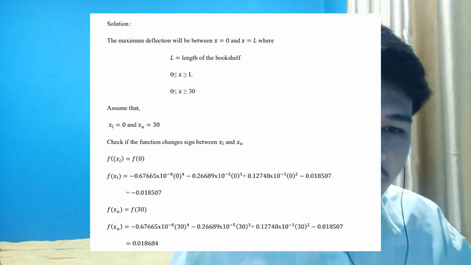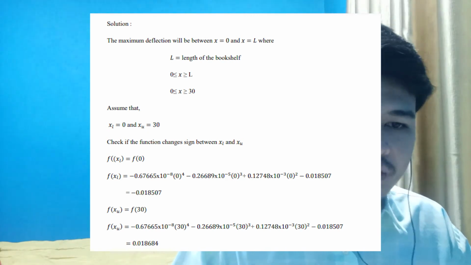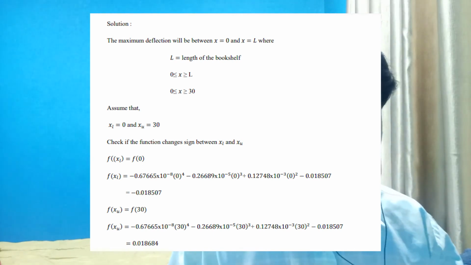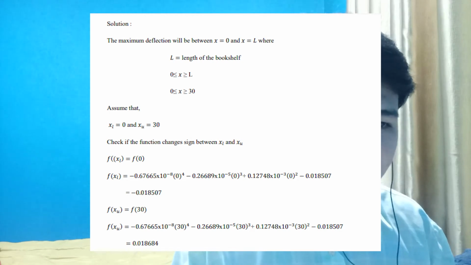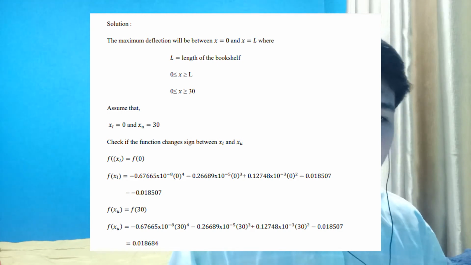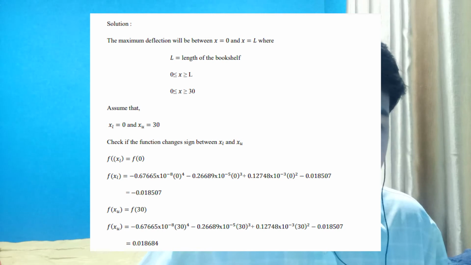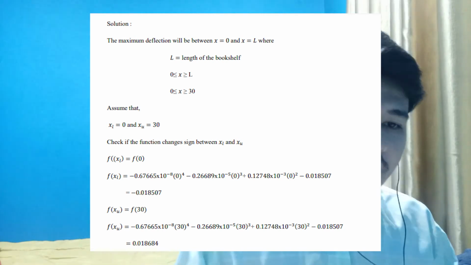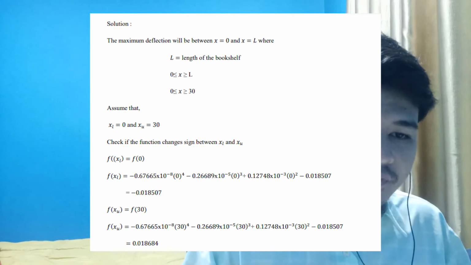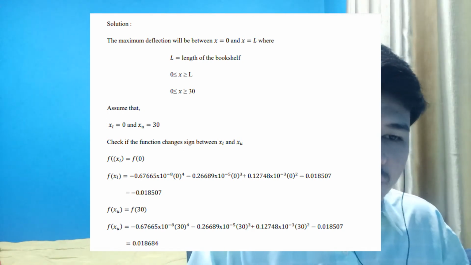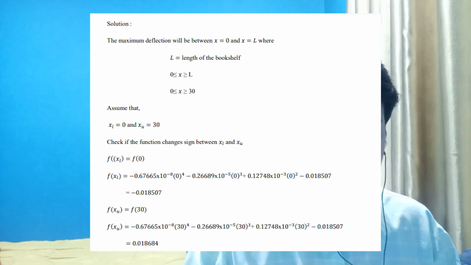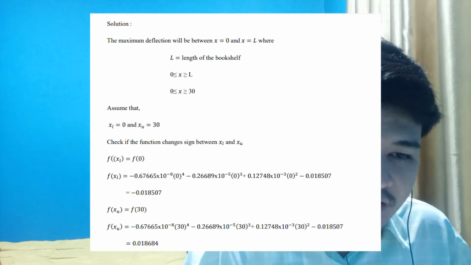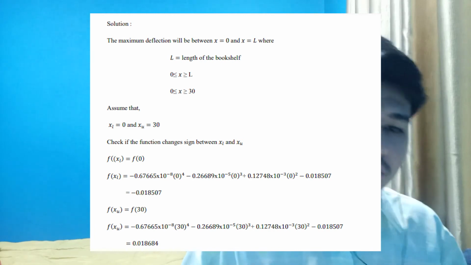So f(xl) equal to f(0). So we calculate the f(xl) and we will get the value equal to negative 0.0185007, and f(xu), f(30). We plug the numbers into the equation, and we will get 0.018684.